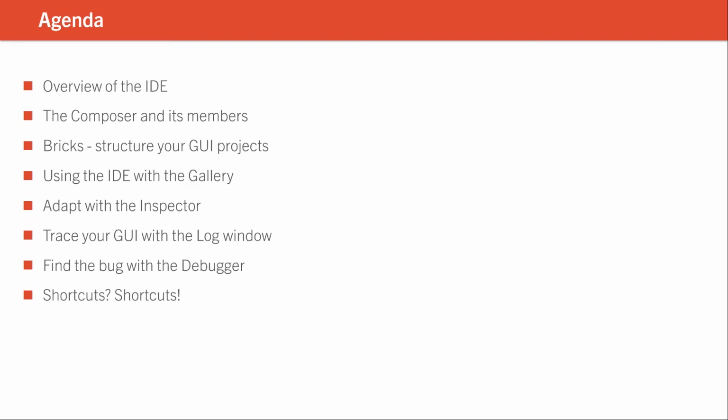Finally, the so-called debugger gets used, and I'll explain how it is helpful for your system. Last but not least, I'll give you a short overview of my favorite shortcuts that are very essential when using the Studio, which accelerates the overall development quite a lot.